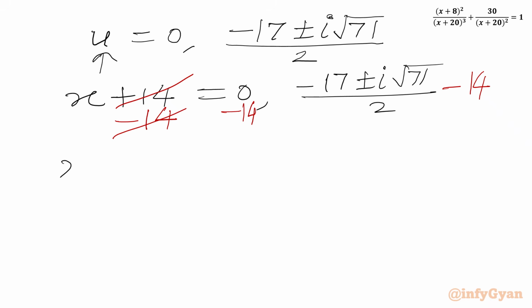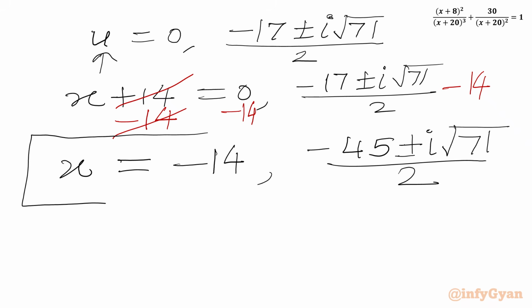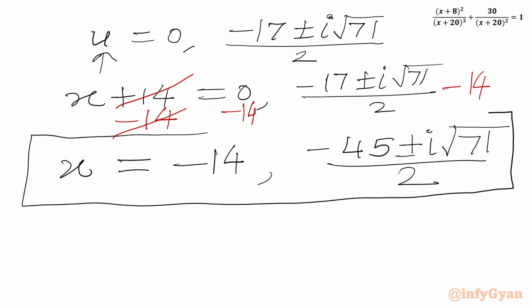We get x equal to 0 minus 14, which is minus 14, and minus 17 plus minus i root 71 over 2 minus 14: minus 17 minus 28 is minus 45, plus minus i times square root 71 over 2. So we have one real solution, minus 14, and two complex solutions, minus 45 plus minus i root 71 over 2.